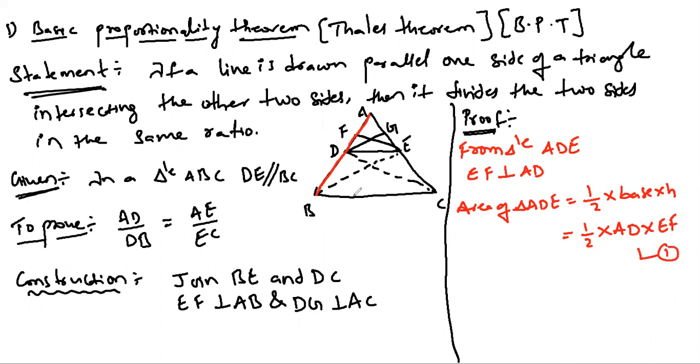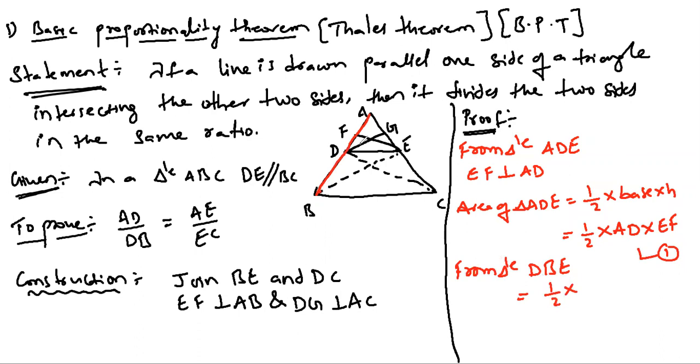And next, another triangle with the same base. ADE is done. Now the remaining part is what? DBE. Don't take DBC, we are taking DBE. From triangle DBE, again the same, area is equal to half into, now you are taking DBE, right?